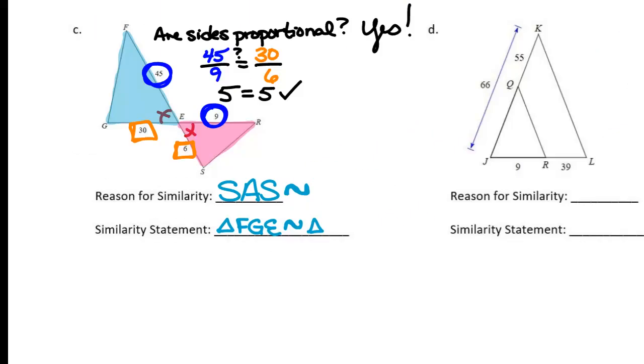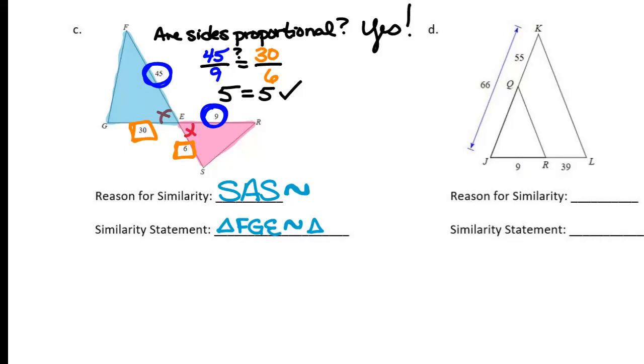All right, so I have to make sure to match the pink triangle up with the corresponding pieces. When I look at the first letter F, that's here. That's at the end of the side that is proportional to 9. But it doesn't have an arc marking on it. So which angle would have to be corresponding to F?